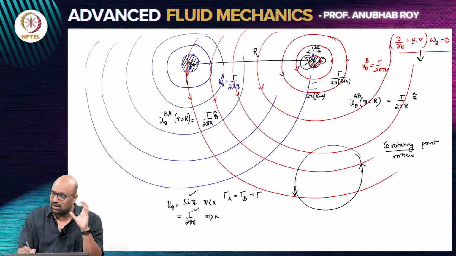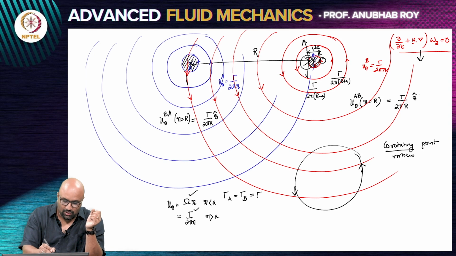I have this circular patch of vorticity. The left part of that vortex is experiencing a velocity that is slightly higher than what is experienced by the rightmost edge.